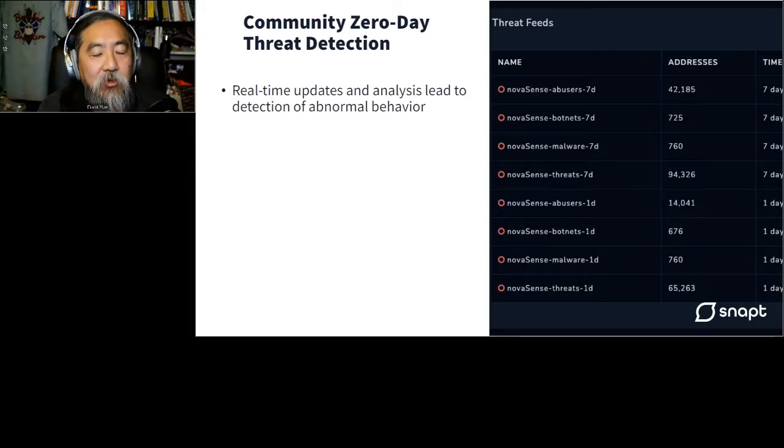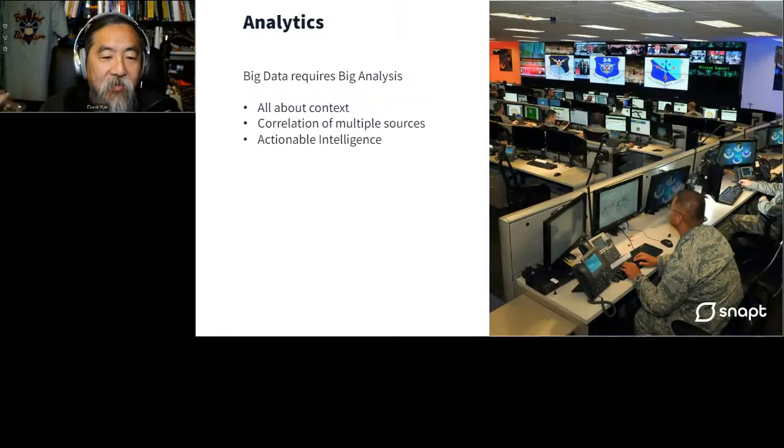And this is true for the information gathering as well. Gather it from as many places as possible, because the more information you have, the more reliable and more efficient you're going to be. And of course, I keep on talking about this, the analytics. Big data requires big analysis. You need to have the secret sauce of the proper analytics, and you can't do it manually.